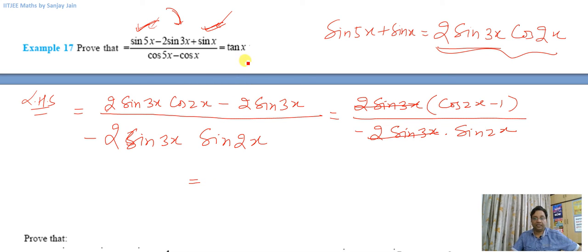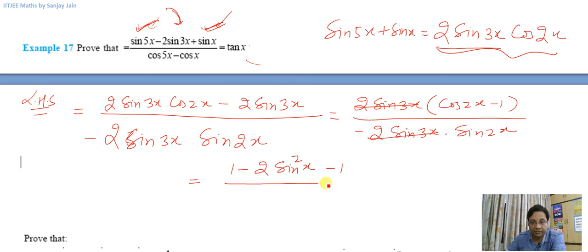And in the right hand side, you see I need tan x, right? So let me open these terms like this. What is cos 2x? Cos 2x can be written as 1 minus 2 sine square x, right? And then there is minus 1 divided with minus sine 2x. Sine 2x can be opened as 2 sine x cos x.